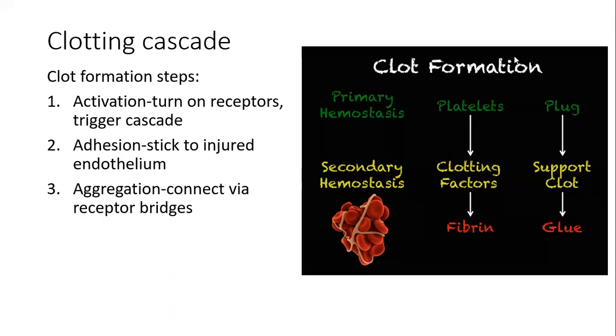And then you get aggregation, which is clumping and forms receptor bridges. So you get primary hemostasis. Then the platelets trigger clotting factors, which in turn trigger fibrin to be laid down, and that's what makes the platelet plug. Then the plug is in place, and these connections happen to glue everything together.